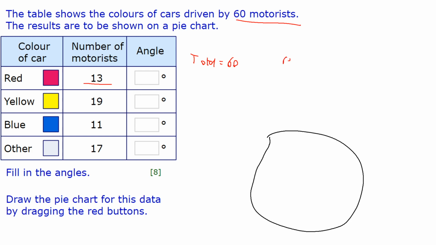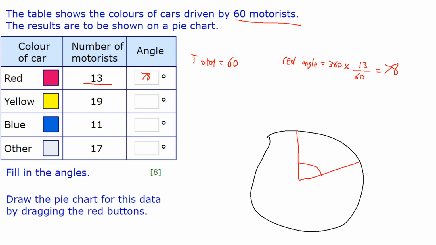So the red angle is just going to be 360 times 13 over 60. And if we plug that into our calculators, we should get an answer of 78 degrees. Okay? So now let's put 78 degrees on the pie chart. It will look something like this.